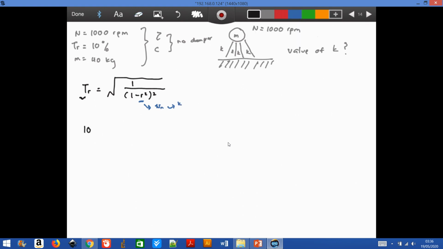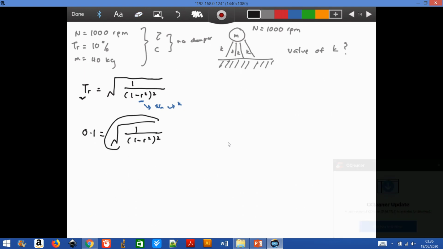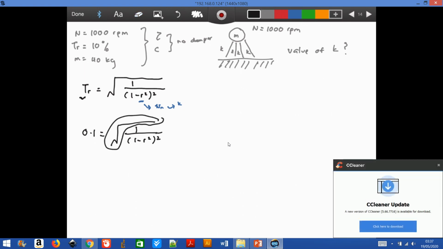So 10% is 0.1, equal to 1 over the square root of (1 minus r squared) to the power of 2. If I remove this square root, I need to square the left side, so 0.01 equals 1 over (1 minus r squared) squared.